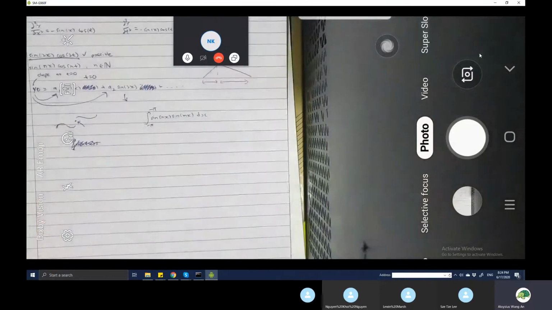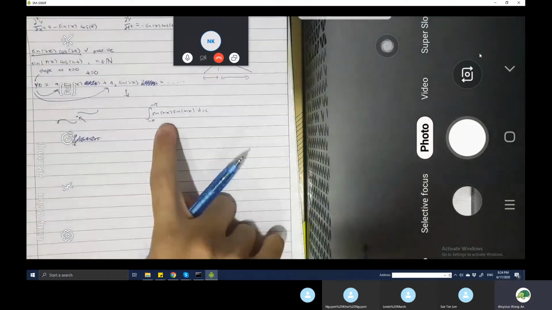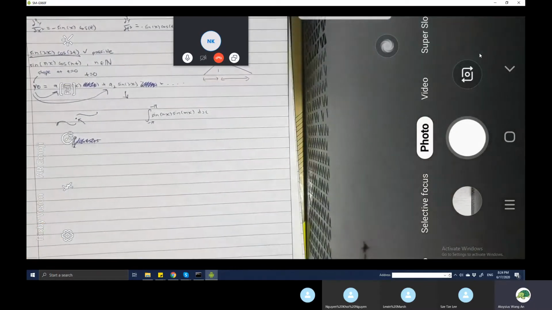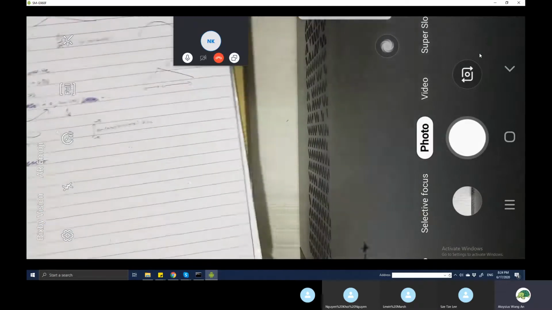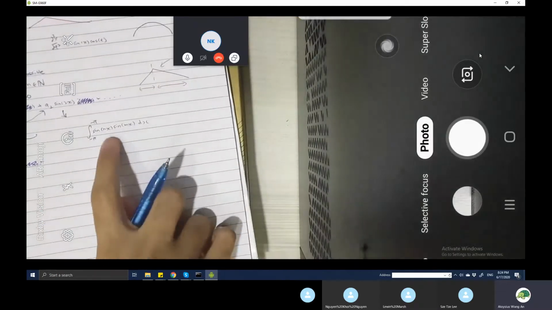Let us not think about why we talk about this integration first. Let us actually try to do the integration, and I'm going to give you a few tricks on how to remember these formulas.